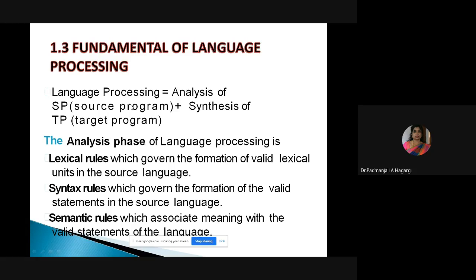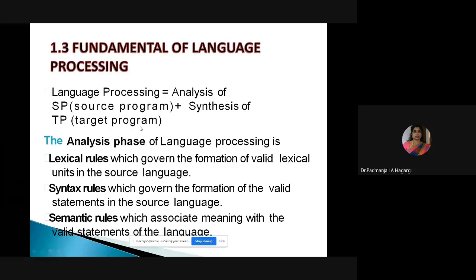Analysis of the source program is nothing but feeding into the compiler. The source program is fed into the compiler. The compiler acts as a translator and gives it to the assembler. The assembler synthesizes according to its processing steps and generates the machine language or the target program.